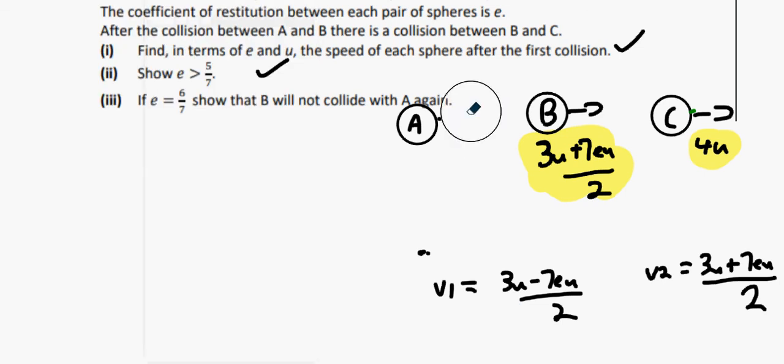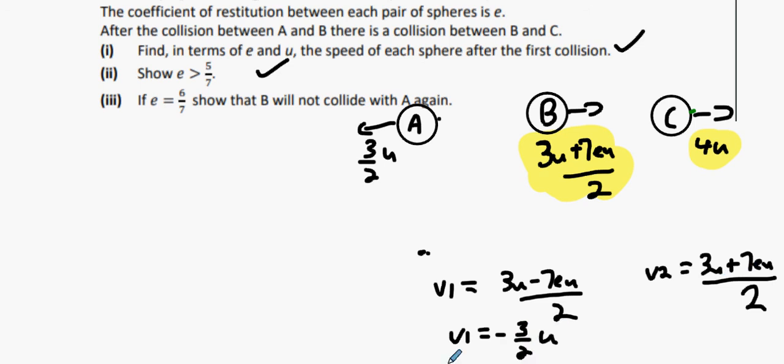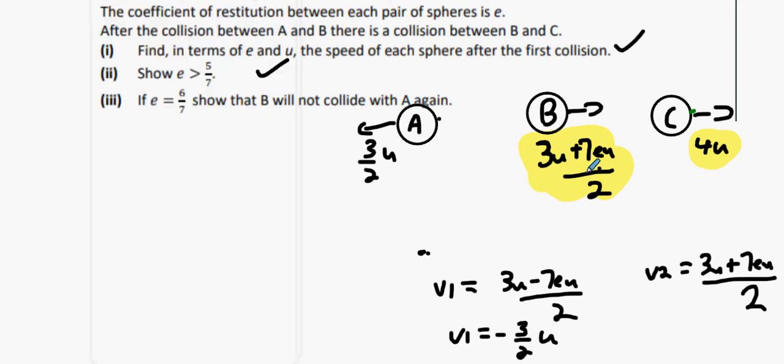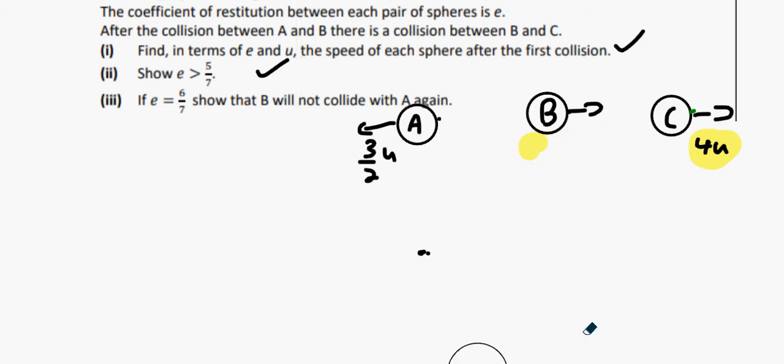It's going to the left with 3 over 2 U. So V1 was minus 3 over 2 U. Now I'm going to sub it into V2, which changes to a plus. V2 is going 4.5 to the right. So the great thing is after you do that, you can just get rid of all this. It doesn't matter anymore.